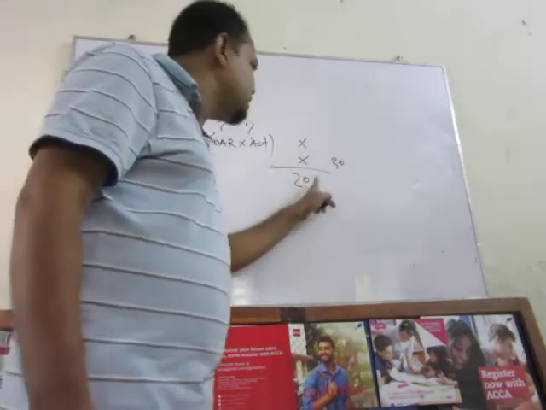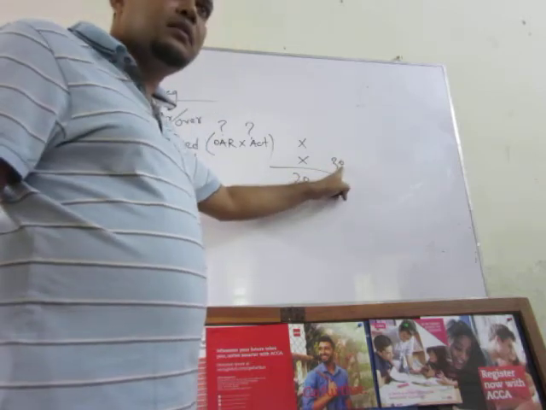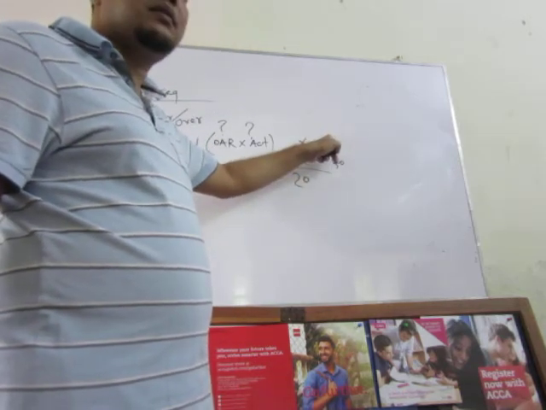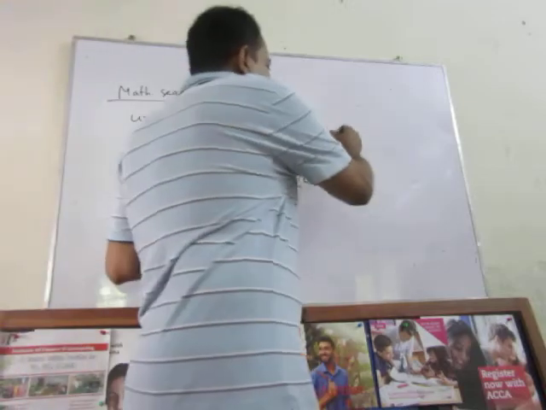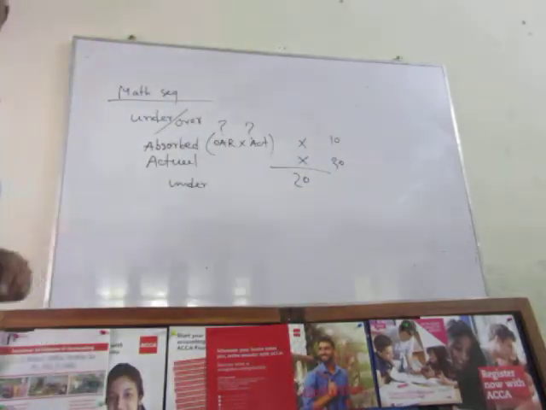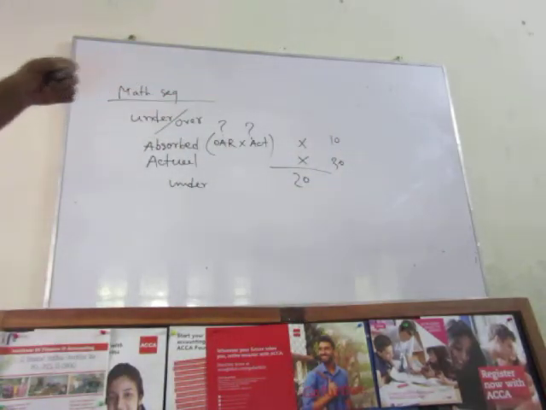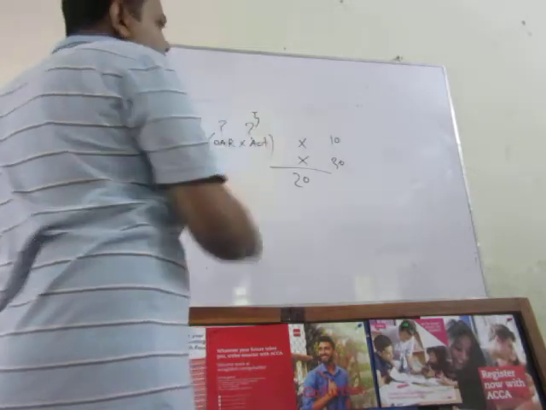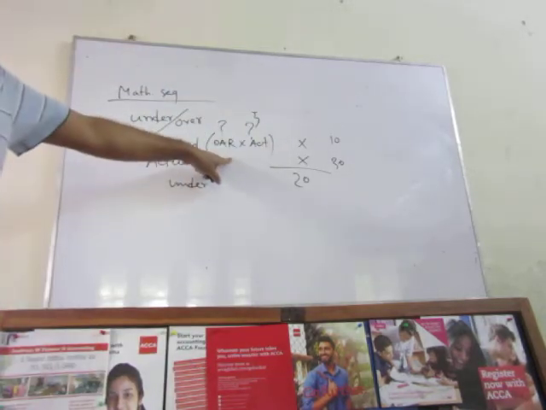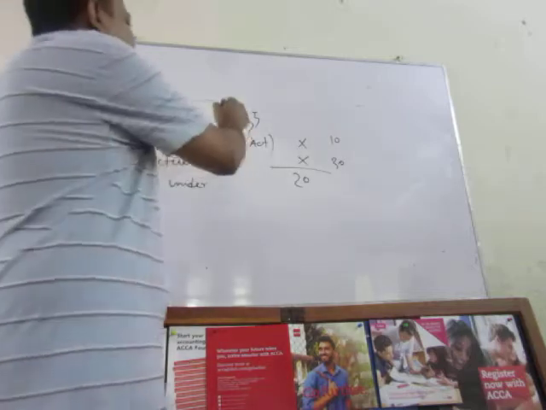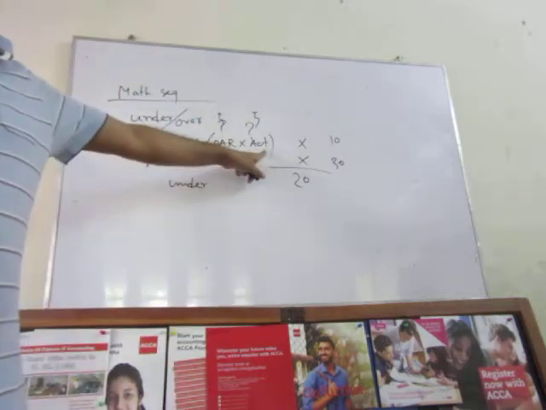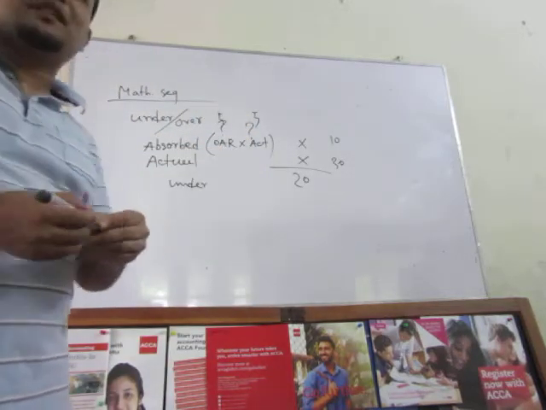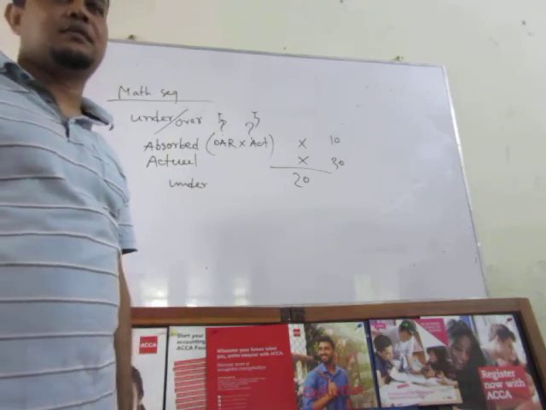If under absorbed 20 and actual overhead is 30, you can find out this one. This one will be 10, 20 under absorbed. Now, if the actual activity is 5, you can find out where. Or if the where is 5, you can find out actual activity. So nothing will come outside of the question. Understood?